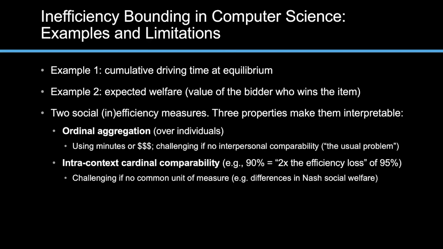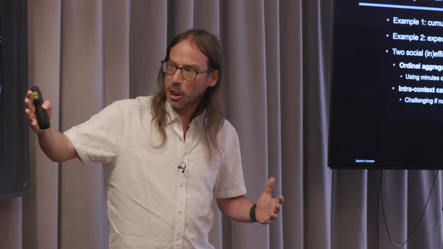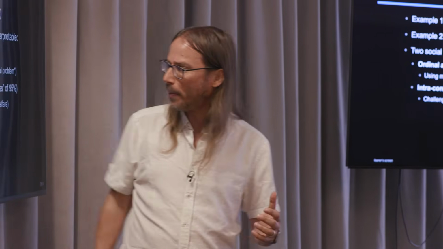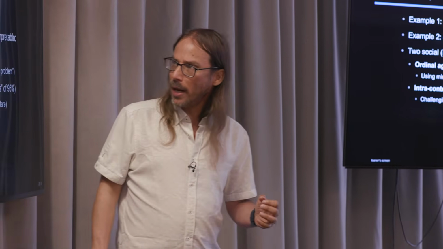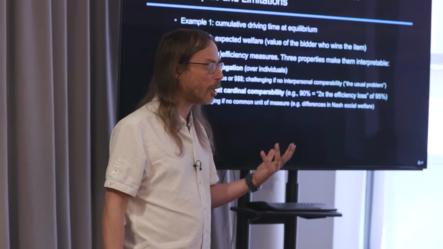But there are two more problems that don't usually crop up in social choice. The first one is what we call intra-context cardinal comparability. This is the property that for each of these things, 90% is twice the inefficiency loss of 95%. This is something that is challenging to do if you don't have a common unit of measure. One example you can think about is the Nash social welfare function.